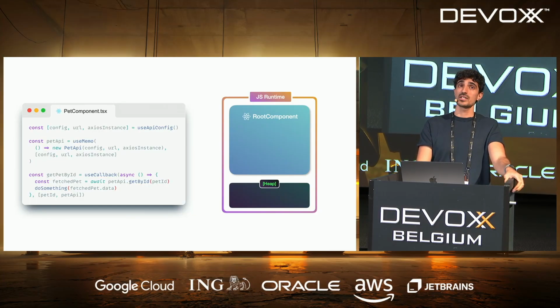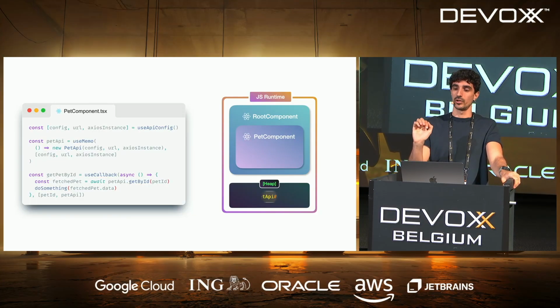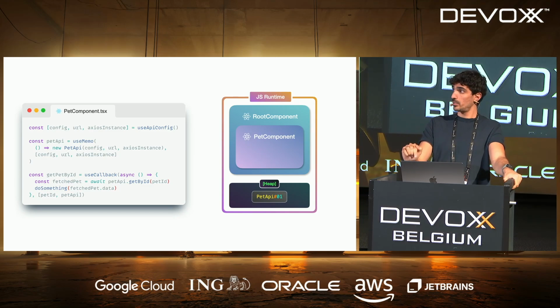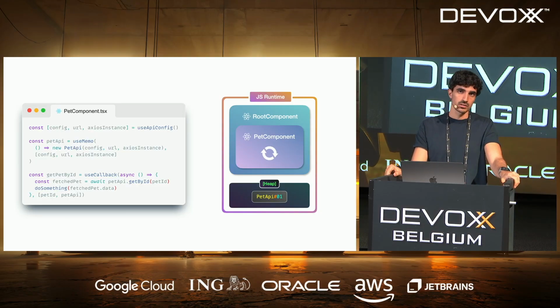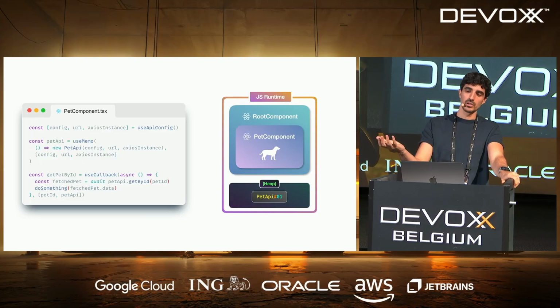So as soon as we mount our pet component, what happened in the heap? Well, we have a new instance of pet API created there, right? This actually works, and we can fetch our pet, we can display it correctly, and it's stable even if the application re-renders and all of the subnodes re-render.